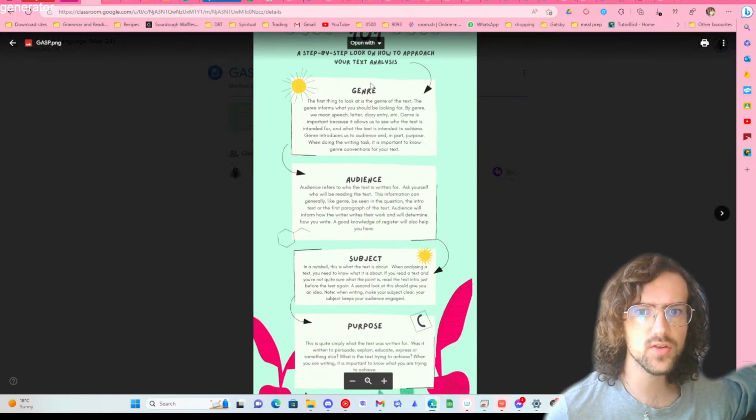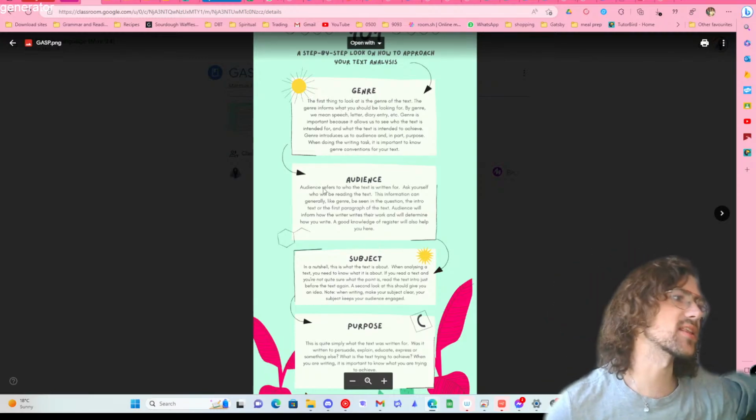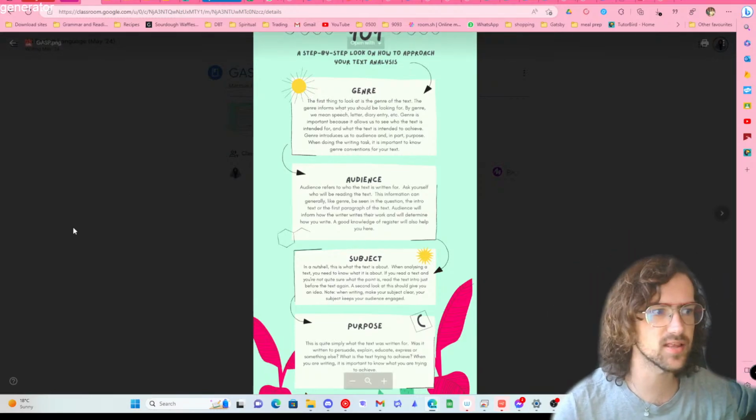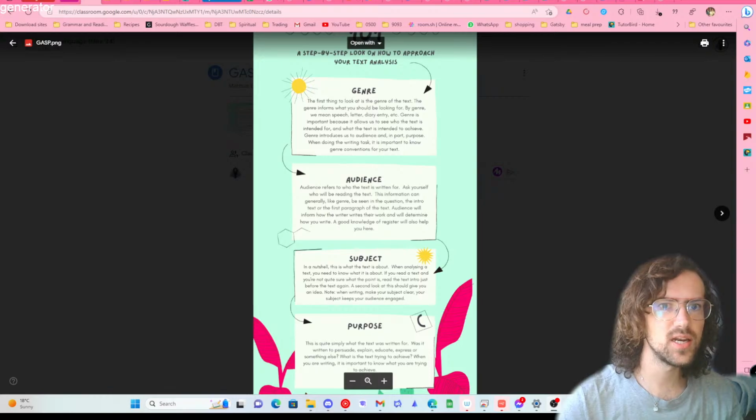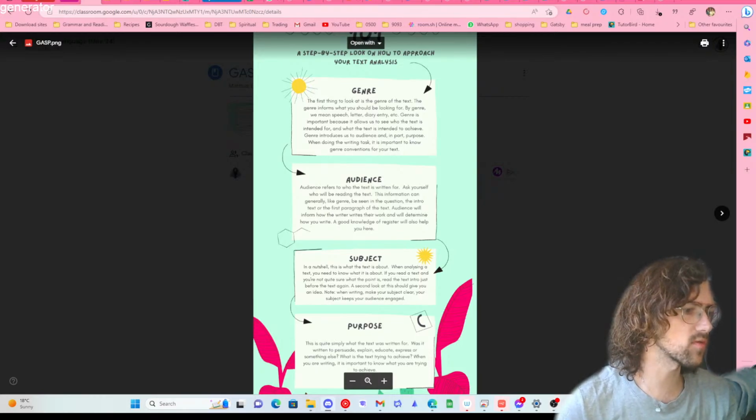Okay, so everything that is done in a text, everything that the text tries to achieve, leads us back to this point of genre, audience, subject, and purpose.